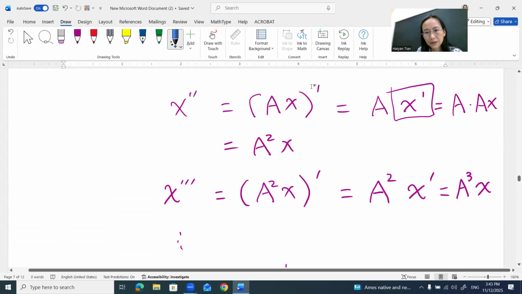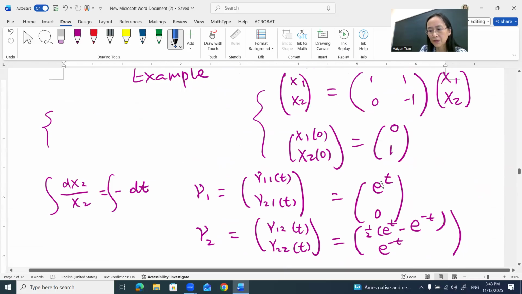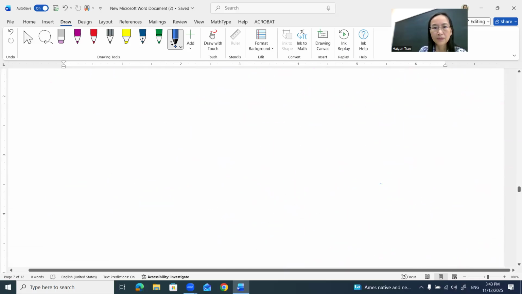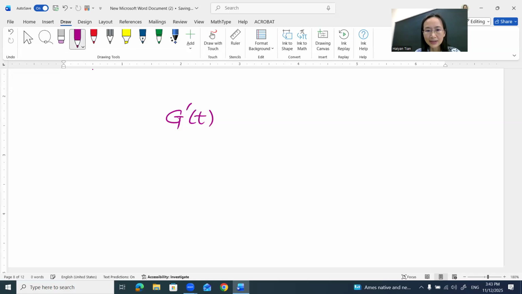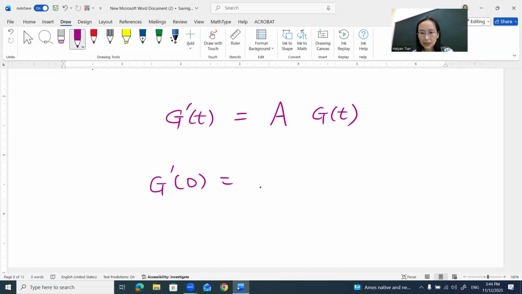So very, very similar, because if G, the fundamental matrix, satisfies the homogeneous equation, then the derivative at 0 is just A times G at 0.